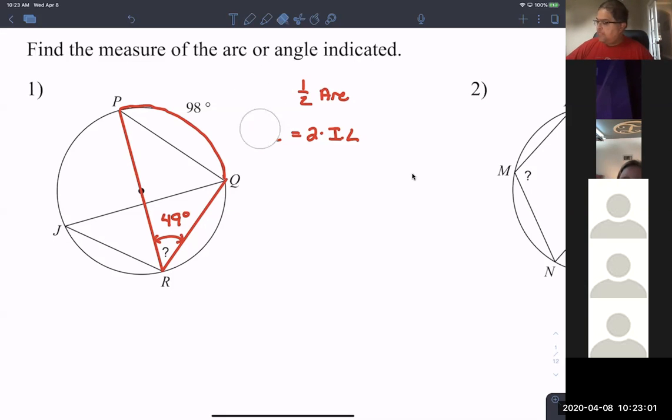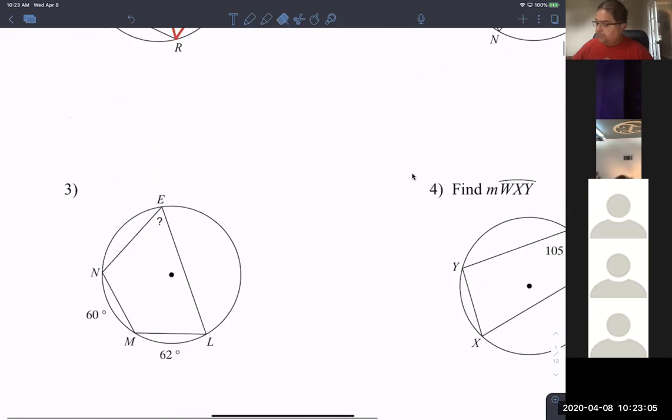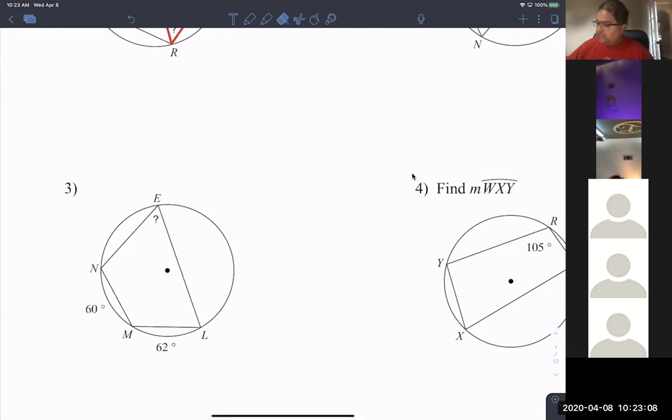Now, let's look at number 3. You're asked to find this angle. So what's the arc that it has? Well, this is the angle, and this is where colored pencils and pens come into play. This is the associated arc.